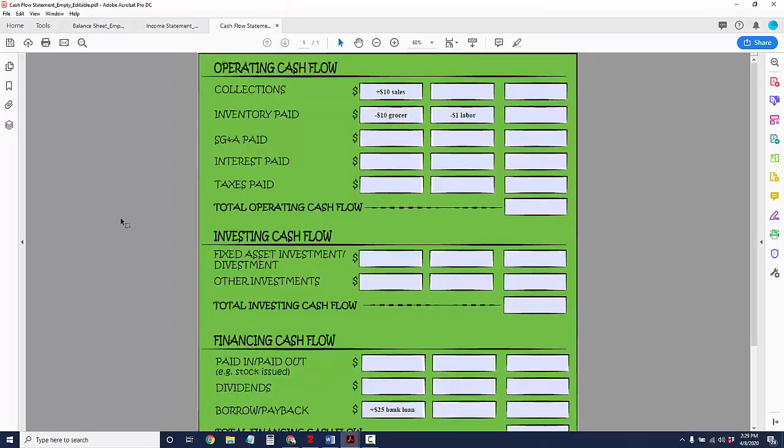What about the cash flow statement? The cash flow statement is affected also because we used $10 in cash to repay the bank loan. So under financing cash flow, borrow payback, we have a cash outflow of $10 for paying back the loan.